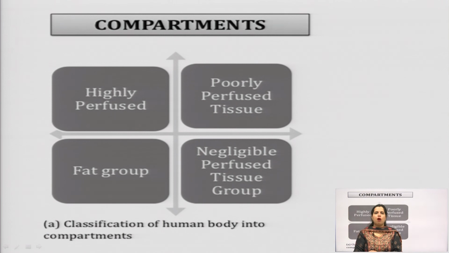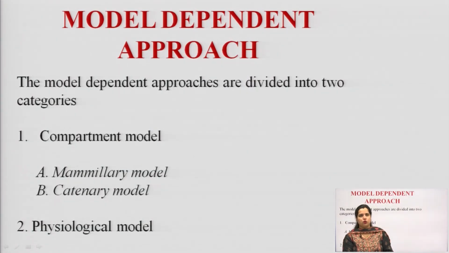Orally the drug bioavailability will be high. Due to physiological variation and different kinds of anatomy, different routes of administration have different sorts of bioavailability. So, this is basically compartments divided based on blood vascularity and the body tissue type.